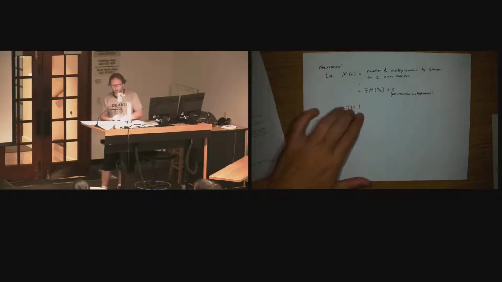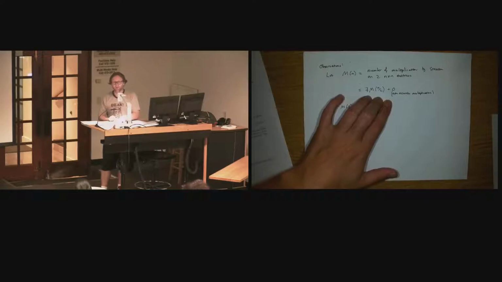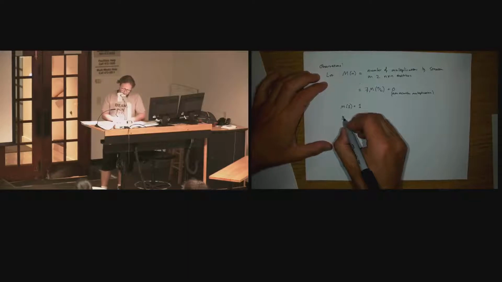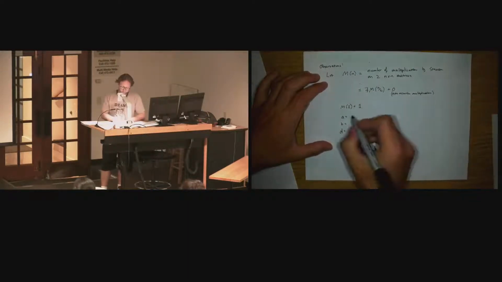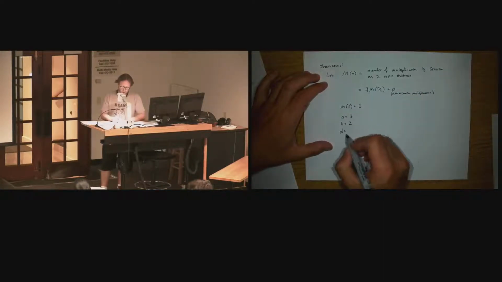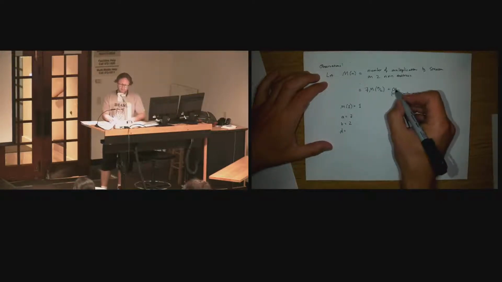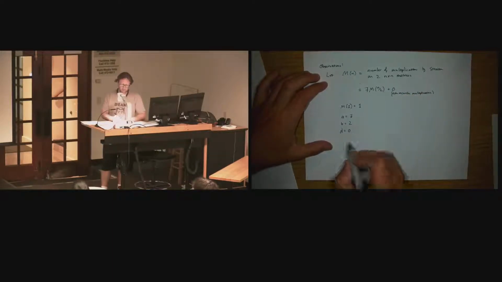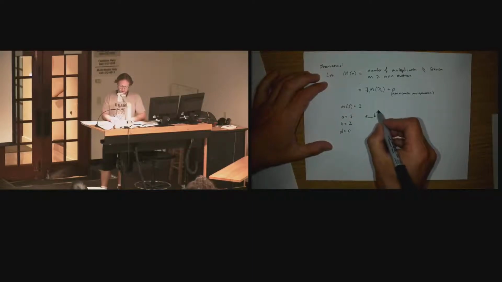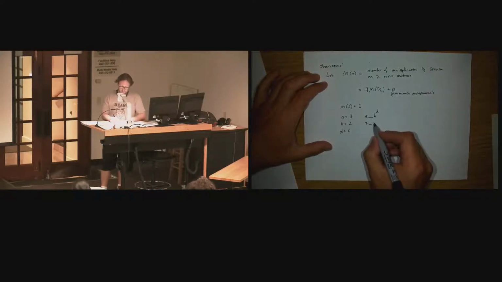We don't really care about this because we've got a tool called the master theorem that we can use to analyze this asymptotically. Okay? So let's identify a, b, and d. a is 7. b, how much we're cutting it down each time, is 2. And d is 0, so it's bound by a polynomial of degree 0. So a versus b to the d: 7 versus 2 to the 0.